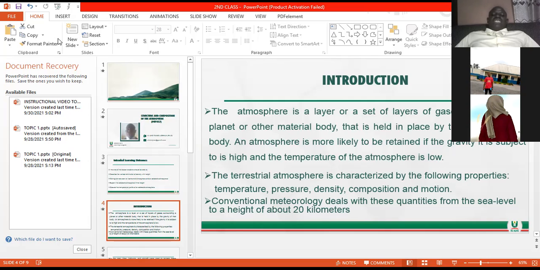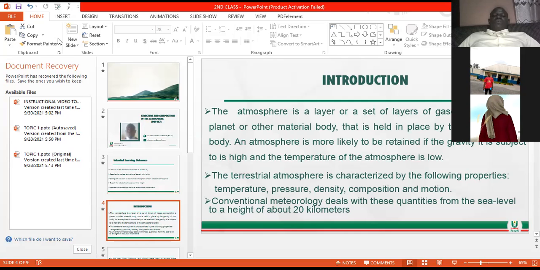So what we are saying is that an atmosphere is more likely to be retained if the gravity it is subjected to is high and the temperature of the atmosphere is low. Now, we said the terrestrial atmosphere is characterized by the following properties: temperature, pressure, density, composition, and motion.